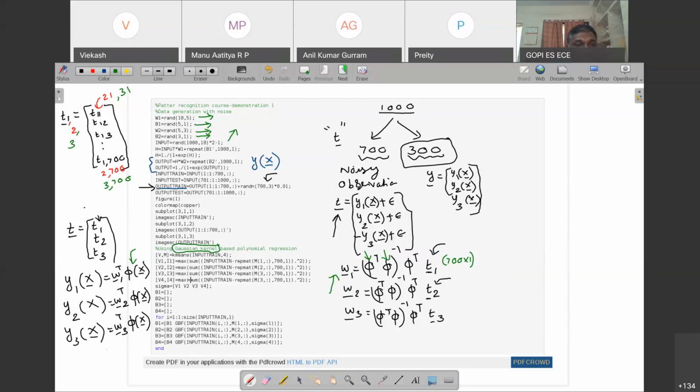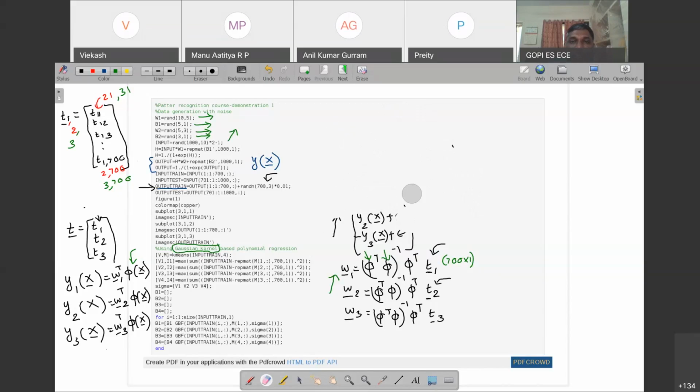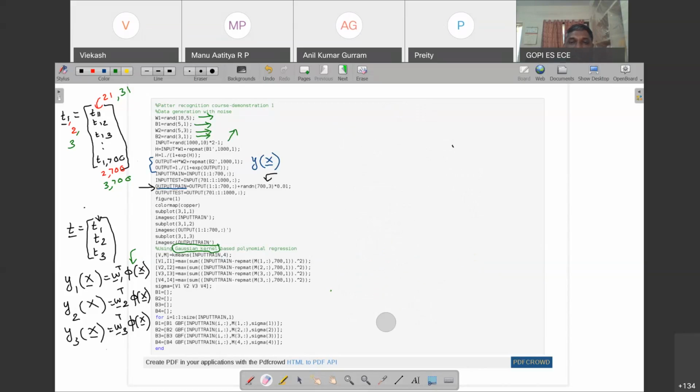The basis function is the Gaussian basis function. So what is the expression for that? Let me write. Up to this, if you have any questions, you can ask, I will clarify the doubt. Now we are going for this Gaussian basis function.